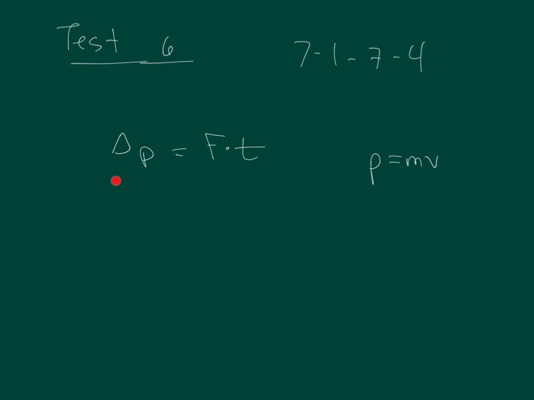Now remember that delta P is the change in an object's momentum. So the egg toss, the other example, whether or not we throw an egg or toss an egg to somebody, whether or not you catch it like this or you catch it like this, the same delta P occurs. It's got momentum beforehand, right? You toss it, it has velocity, so it has momentum to start. When it hits your hand and stops, it has no momentum. So delta P is some given value.